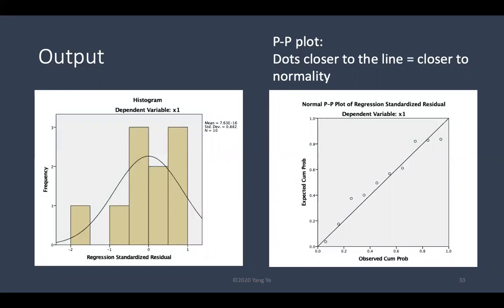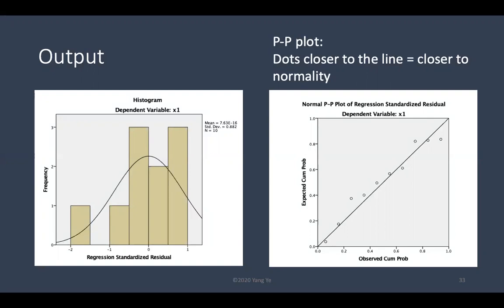The PP plot is another form of plot to check whether the residuals are normally distributed. Those dots project the observed standardized residuals against the probabilities expected under a normal distribution. It's just another way of looking at whether these residuals are normally distributed. You want those dots to be close to the diagonal line.